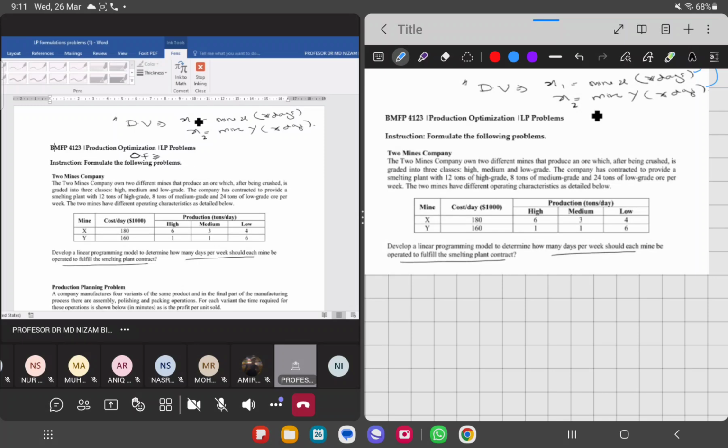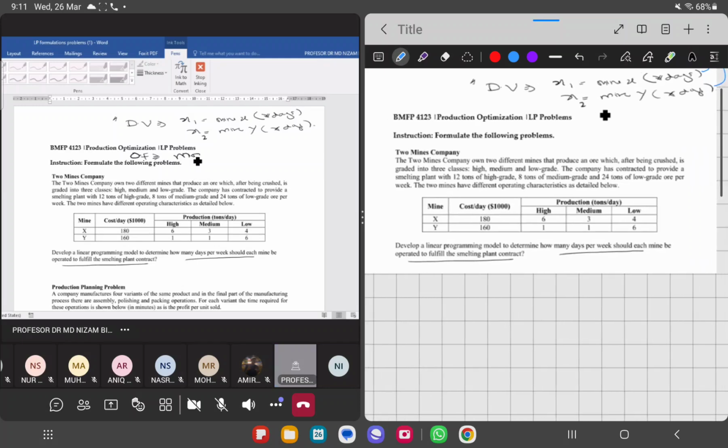Is it to maximize or minimize? Minimize cost. Minimize, because it's given cost. If it's given cost, it must be minimize cost. And how do you calculate cost?